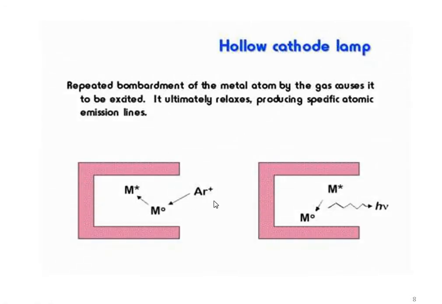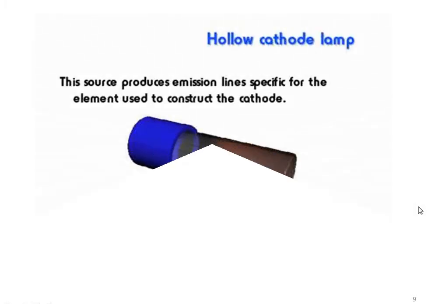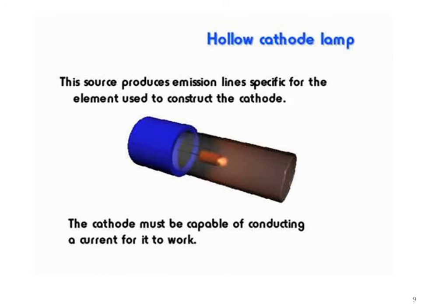The repeated bombardment of the metal atoms by the gas causes them to excite, and they ultimately relax to produce specific atomic emission lines. This source produces emission lines specific for the elements used to construct the cathode. The cathode must be capable of conducting a current for it to work.